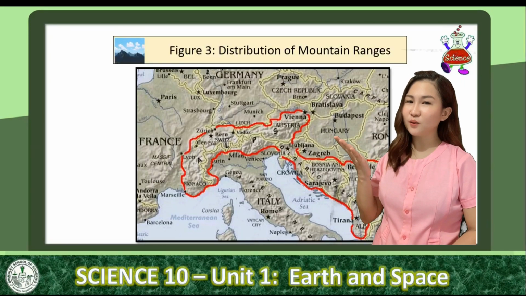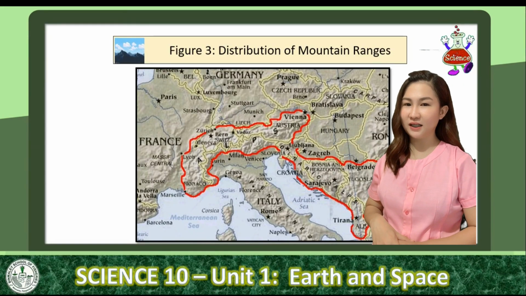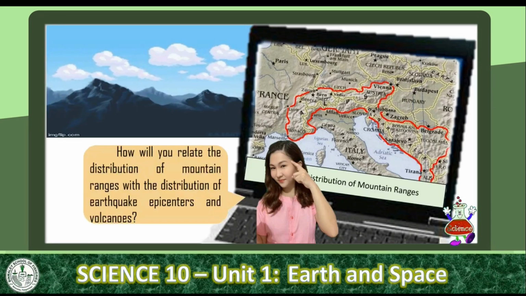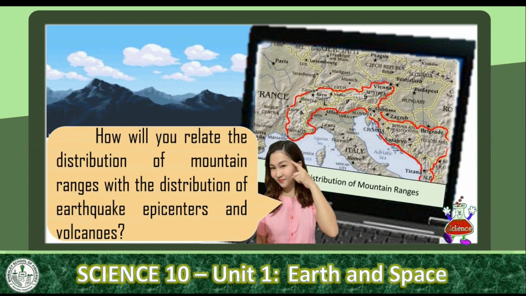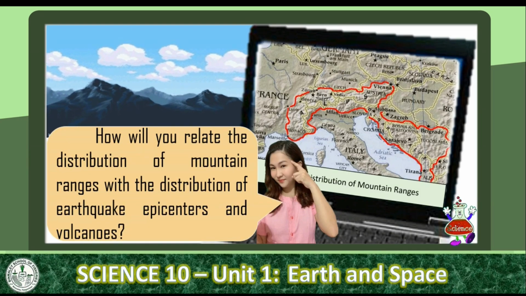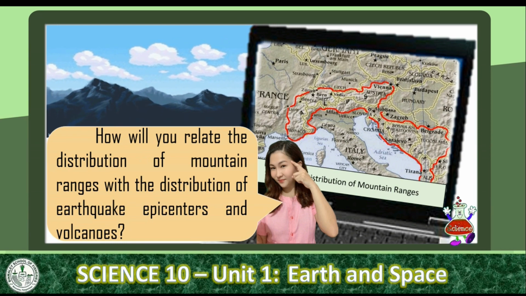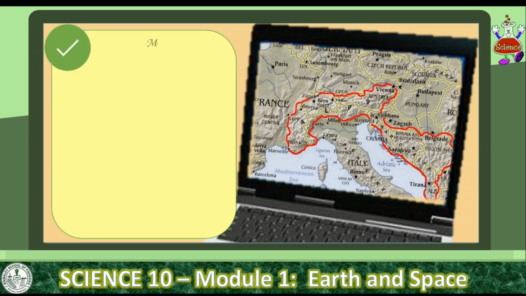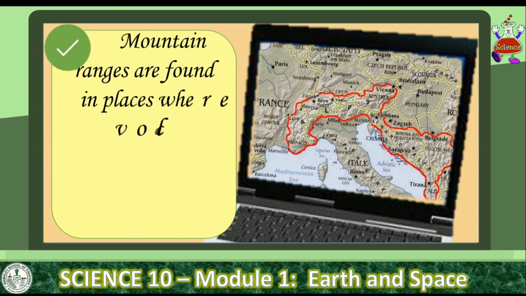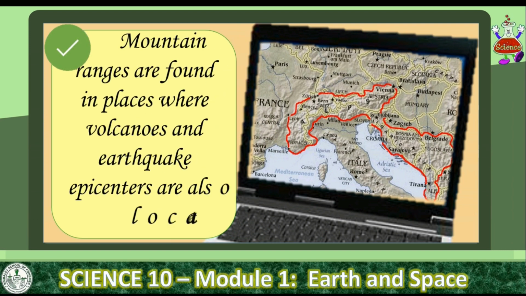This figure shows the distribution of mountain ranges. How will you relate the distribution of mountain ranges with the distribution of the earthquake epicenters and volcanoes? Mountain ranges are found in places where volcanoes and earthquake epicenters are also located.